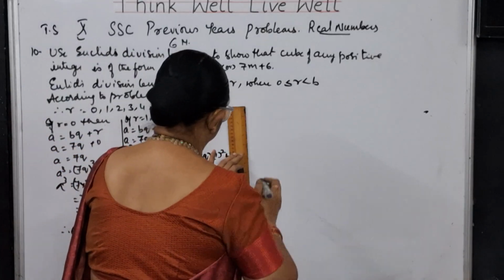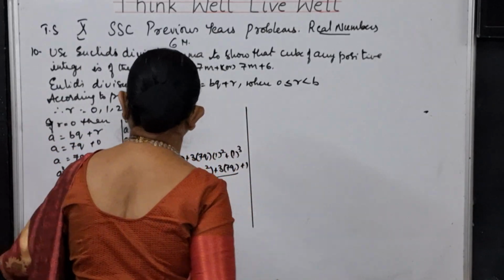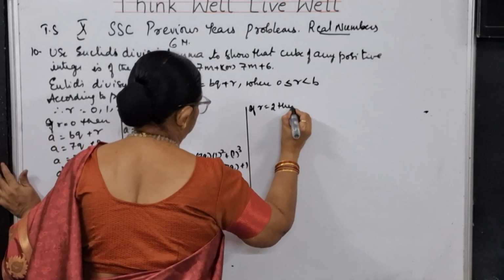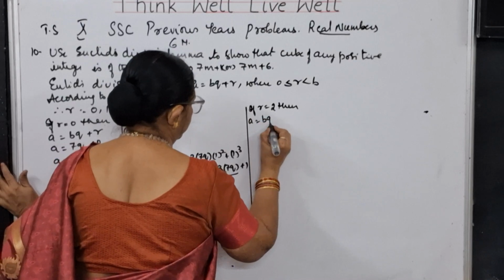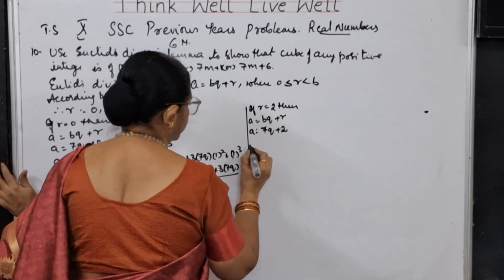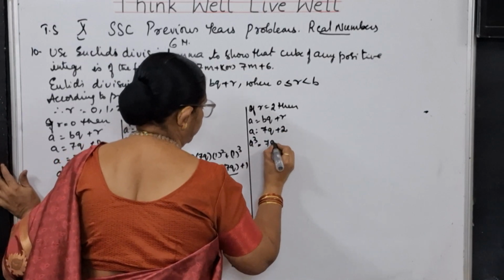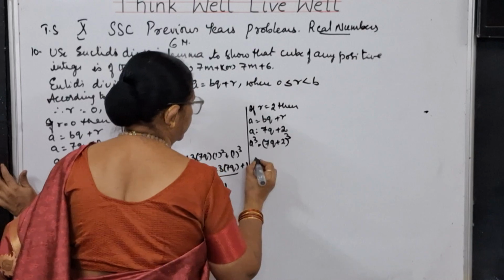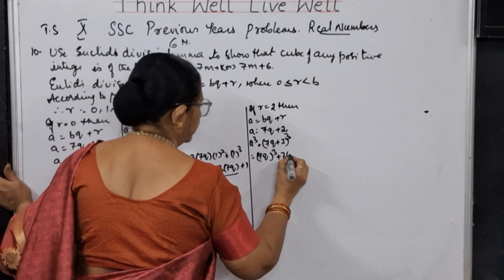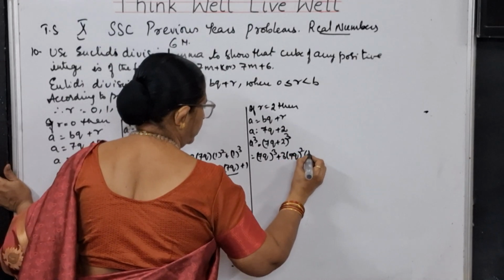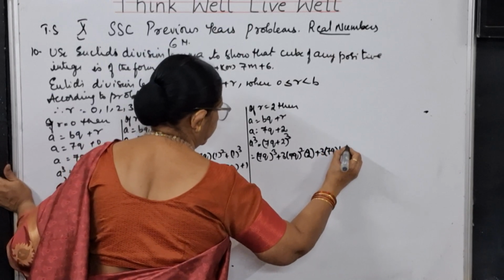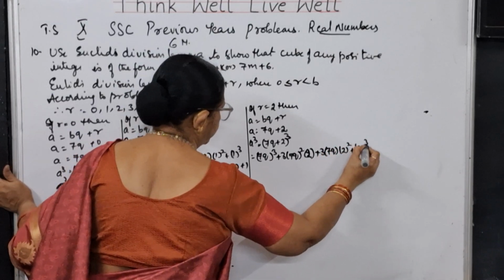Now, if r is equal to 2, then a is equal to bq plus r, a is equal to 7q plus 2. a cube is equal to 7q plus 2 whole cube. That is equal to a cube plus 3 into a square into b plus 3 into a into b square plus b cube.